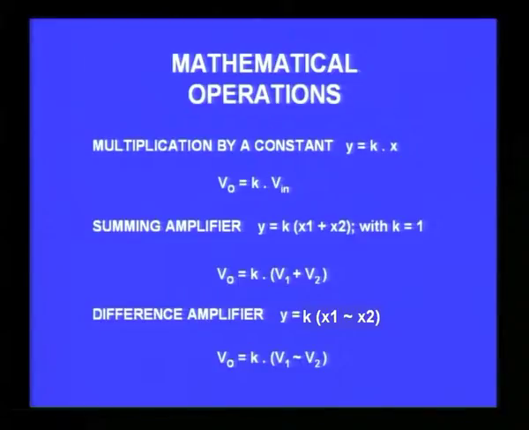So I just want to show you a couple of slides which we have seen already in some of the previous lectures about the various mathematical operations that can be performed using an operational amplifier. For example, on the screen you can see multiplication by a constant, where the output is some constant multiplication of the input, then a summing amplifier where the output is the sum of the two inputs with a constant factor if you want, and then a difference amplifier where the output voltage is proportional to the difference in the two input voltages.